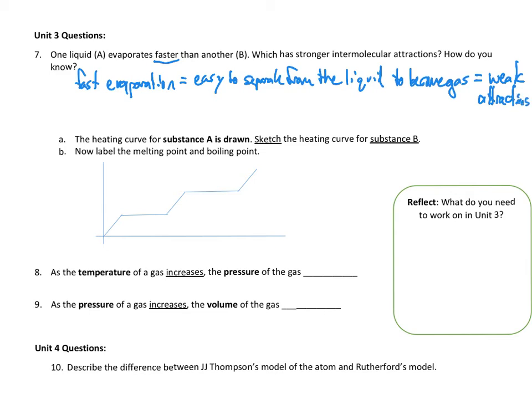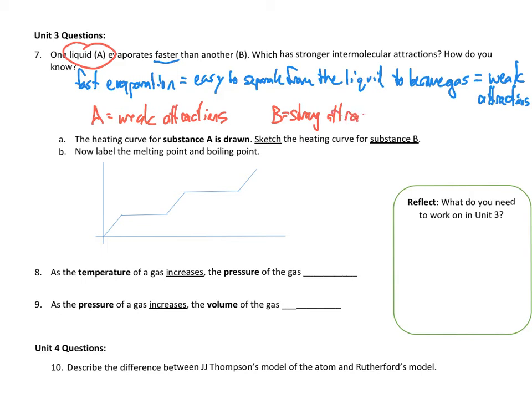So who had the easier time evaporating? Liquid A did. So liquid A must have weak attractions. And liquid B must have strong attractions.